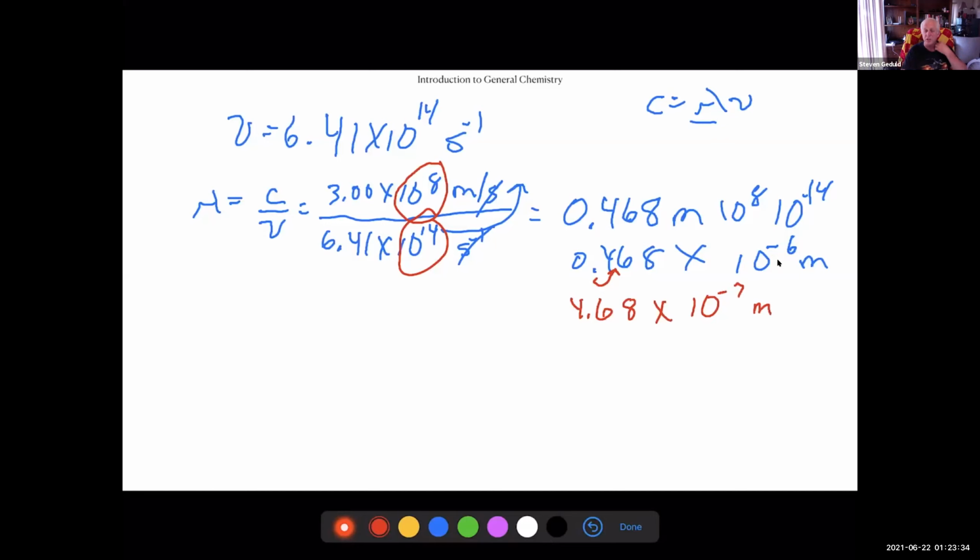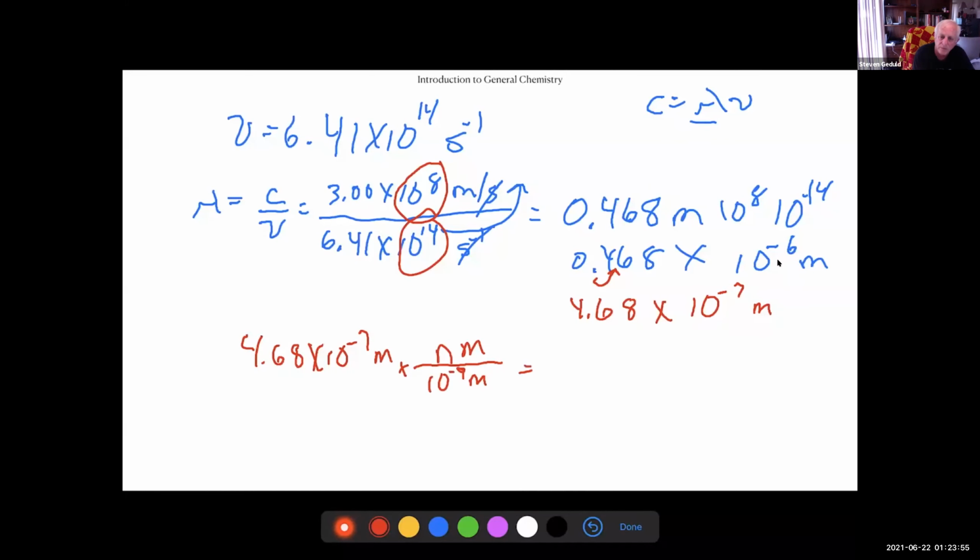And wavelength is usually expressed in nanometers. So we can convert meters to nanometers. So we got 4.68 times 10 to the minus 7 meters. Meters on the bottom, nanometers on top. Nano is 10 to the minus 9. So we move this up.